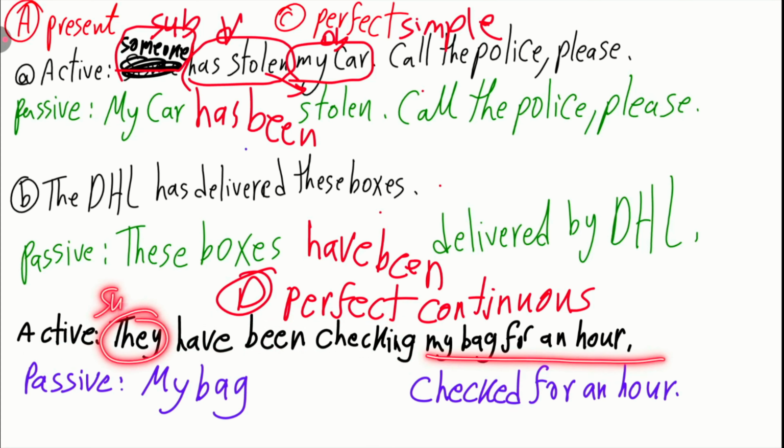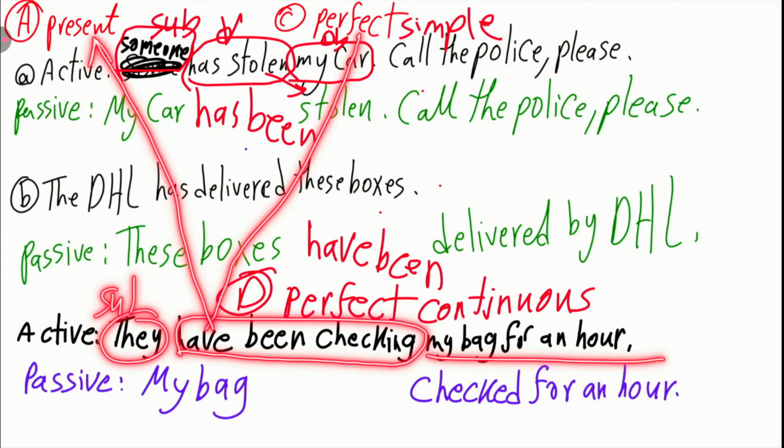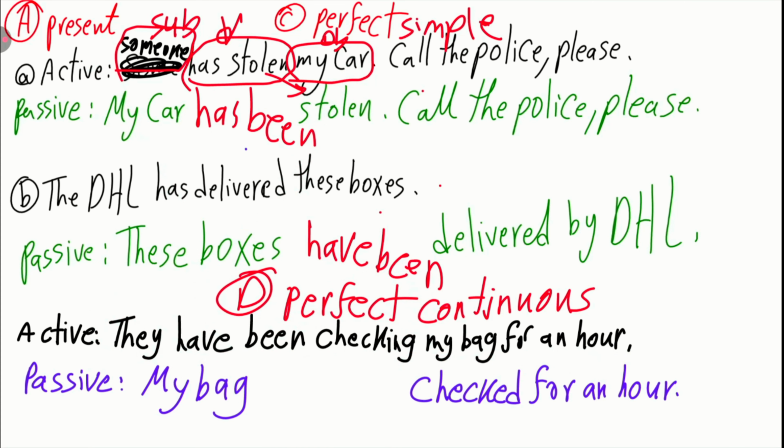They is the subject. Have been checking. Have tells you that it is perfect and it's present at the same time. Been shows that it is continuous with the ing. So they have been checking my bag for about an hour.